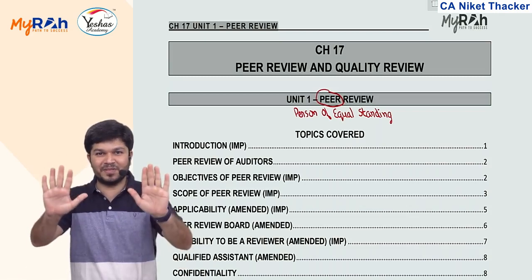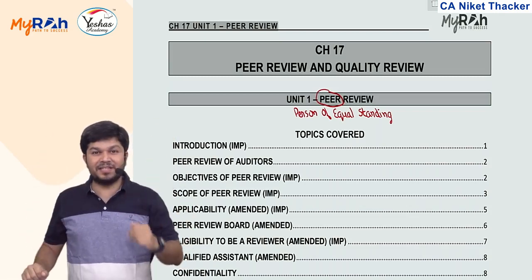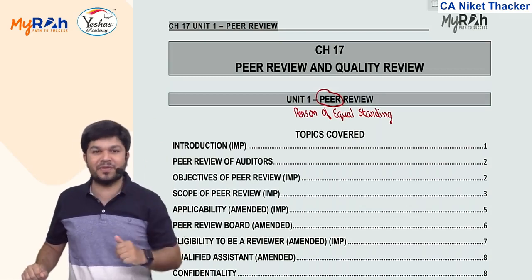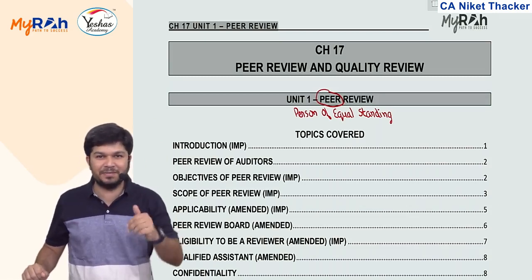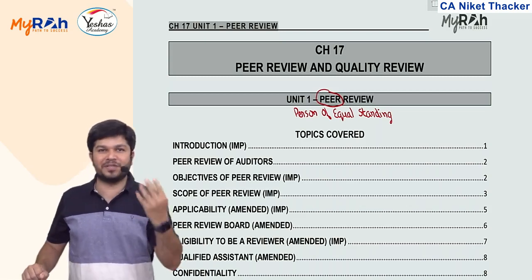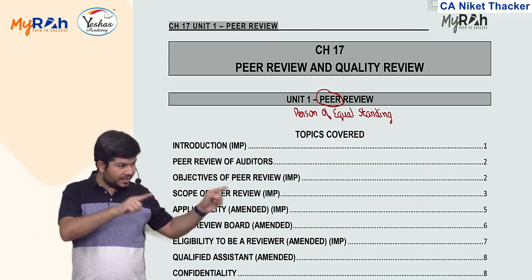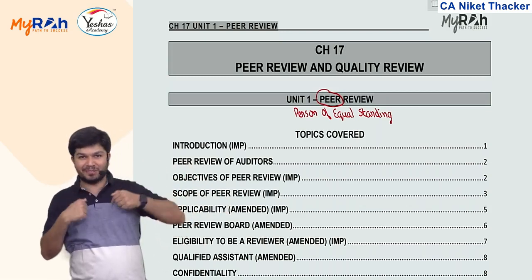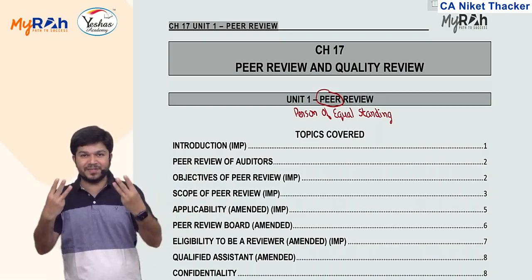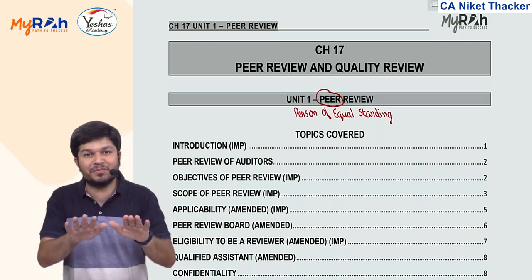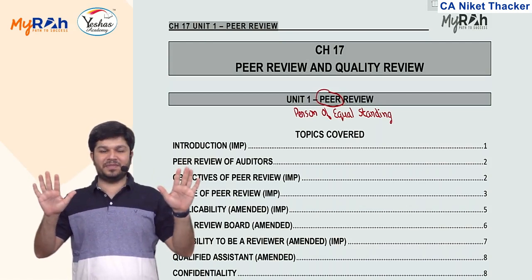Your firm will be divided into a category. If you fall in category 1 or category A, it's once in 3 years. If you fall in category 2 or category B, it's once in 4 years. So would I have a peer review every year? No. ICAI will send a chartered accountant to my place once in 3 years or once in 4 years to check whether I am doing my work properly or not.